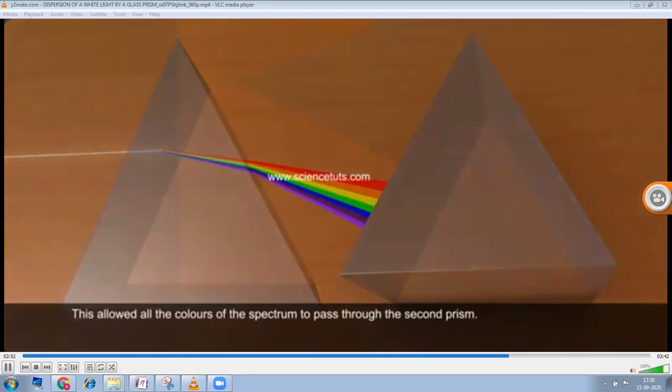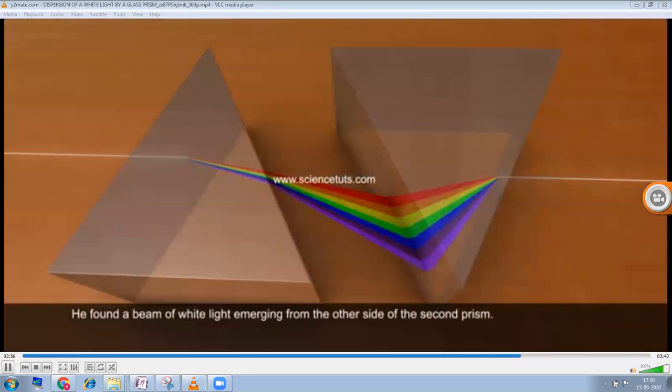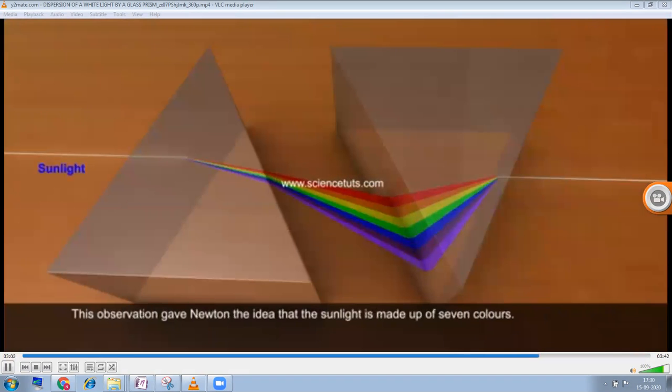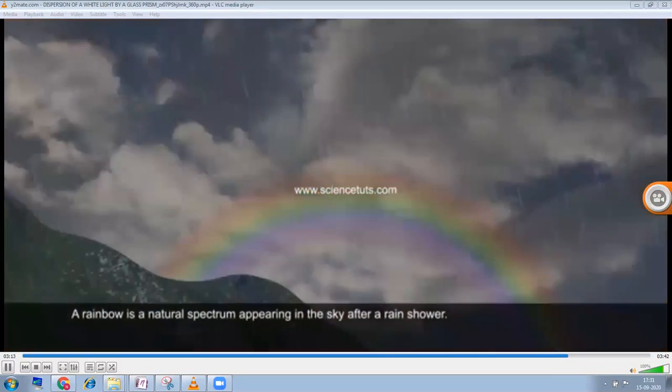This allowed all the colors of the spectrum to pass through the second prism. He found a beam of white light emerging from the other side of the second prism. This observation gave Newton the idea that sunlight is made up of 7 colors. Any light that gives a spectrum similar to that of sunlight is often referred to as white light.